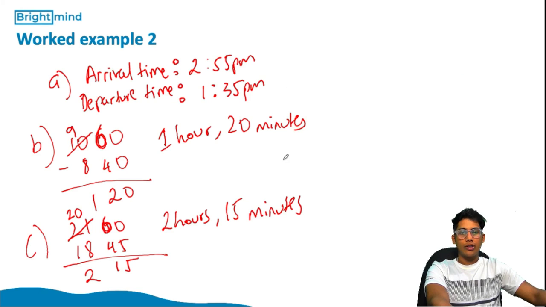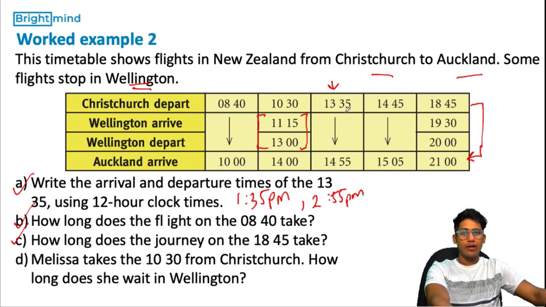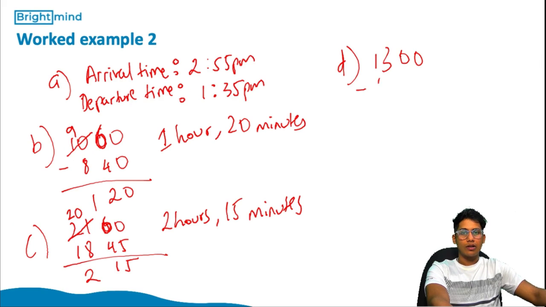So what we do is I'm going to write D up here. We have to do 1300 hours minus 11:15 hours. So again, we cancel this to 12. We borrow 60 minutes. Just rewrite that to 60. 60 minus 15 is how much, guys? Can I say 45, right?